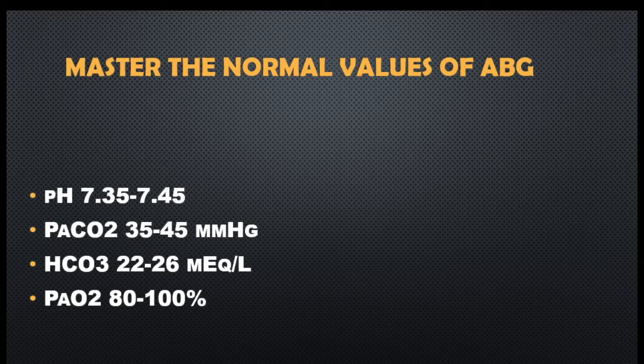But for the sake of ABG analysis, we just use the three components of ABG, which are pH, PaCO2 or your partial pressure of arterial carbon dioxide, and HCO3 or your bicarbonate.